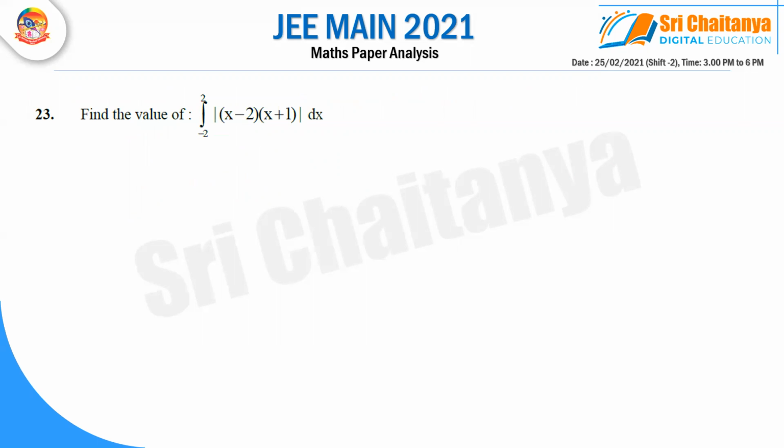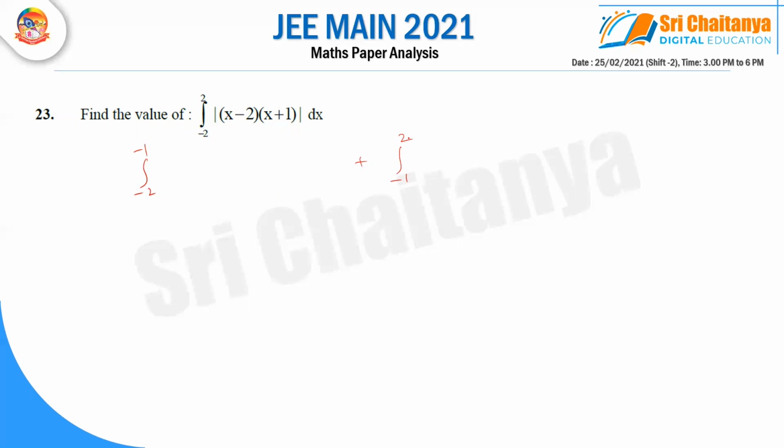Now they gave the integral from minus 2 to 2 of (x minus 2) into modulus of (x plus 1) dx. So whenever I am getting any calculation based on modulus or greatest integer function, I will just expand by eliminating the symbols. So here I should solve by taking the intervals minus 2 to minus 1 plus minus 1 to 2.